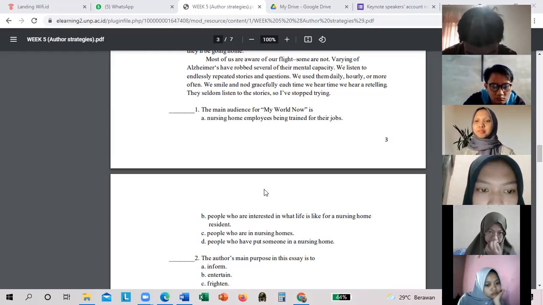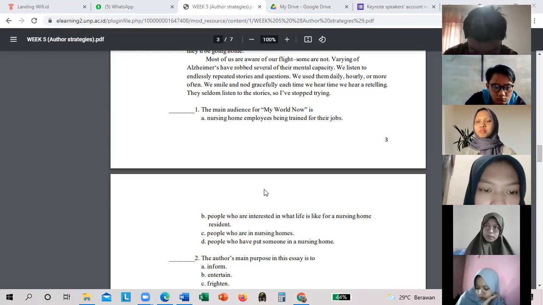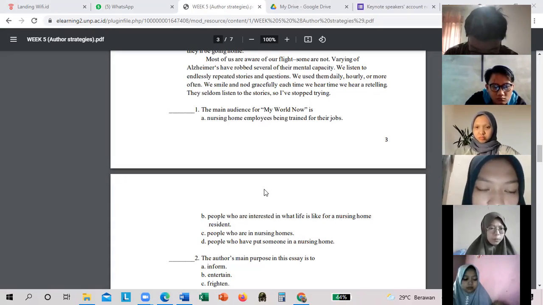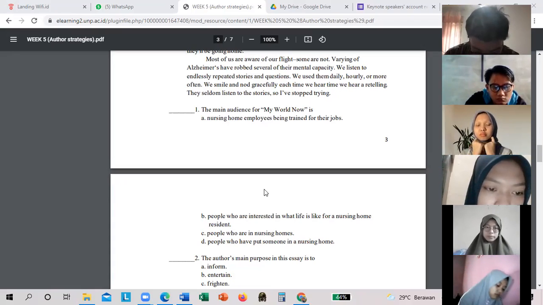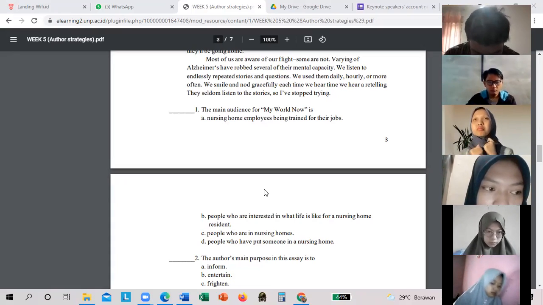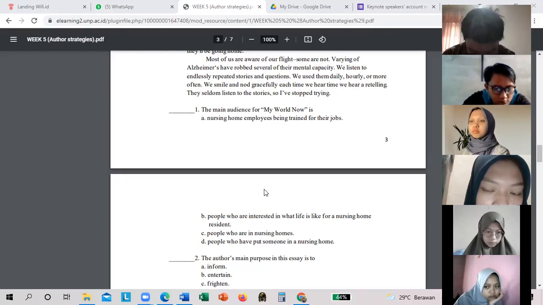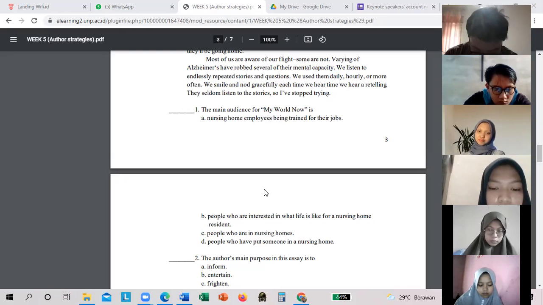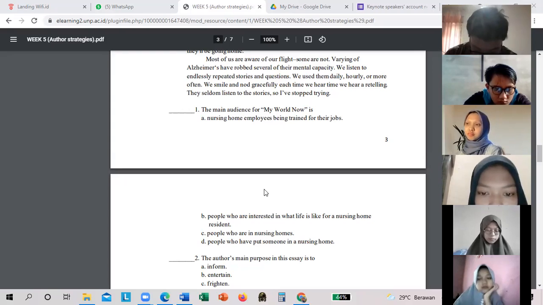People who are interested in what life is like for a nursing home resident. So yeah, the answer is correct. This article is to let the reader know what it's like to be living in a nursing home. Is that right? So those who are interested in that kind of life will be reading this article.